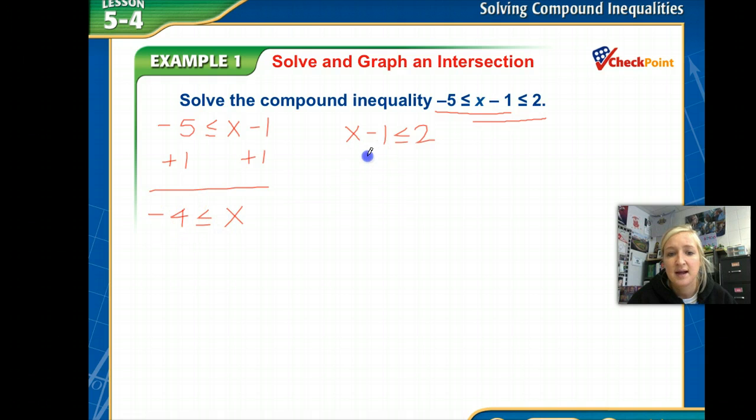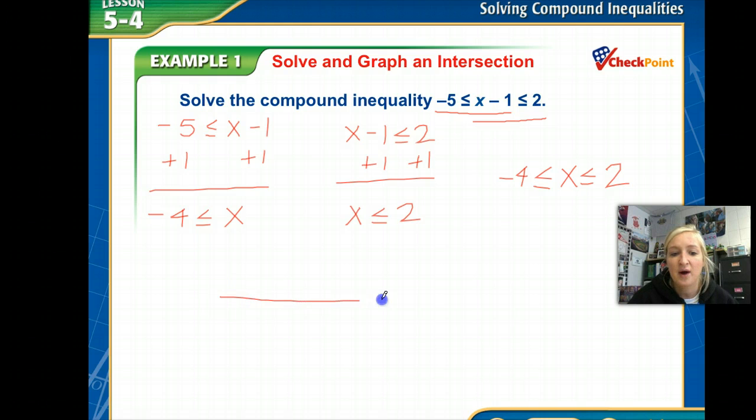So I'm going to add 1 to both sides, and I get -4 is less than or equal to x, and I'm going to add 1 to both sides on this equation, and I get x is less than or equal to 2. So I have my x in the middle, so it's greater than or equal to -4, but less than or equal to 2.